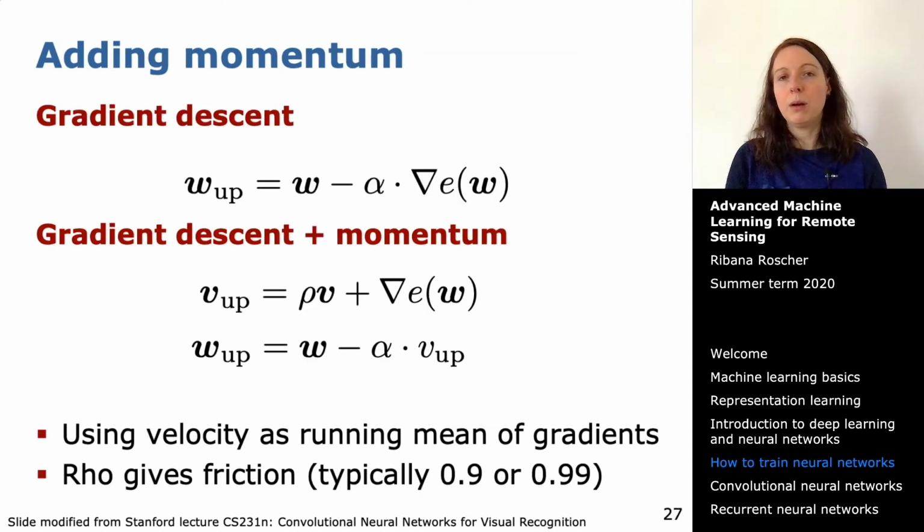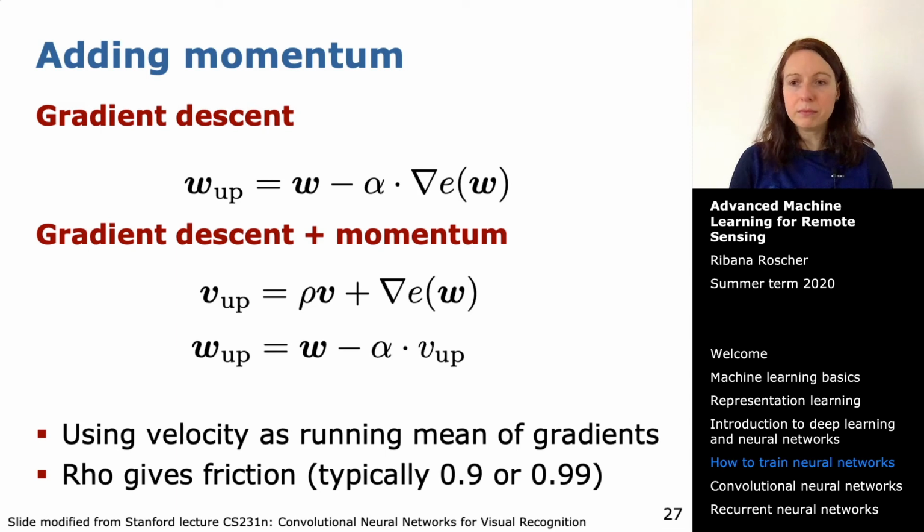When you play around with some software tools for neural networks, or if you program your own neural network, you will realize that you can choose between different optimization techniques. Stochastic gradient descent might be one, but there are also other ones, and they have some tricks which prevent you from getting stuck.